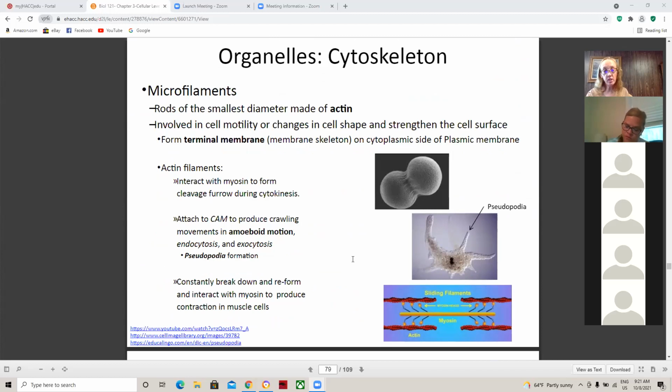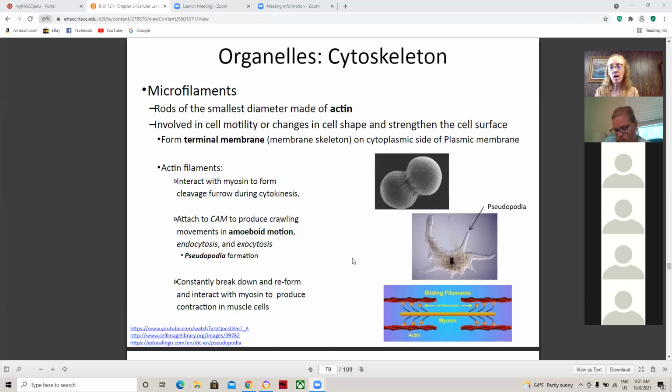The microfilaments are the rods of the smallest diameter of the cytoskeleton. So you remember we had microtubules, microfilaments, and intermediate filaments. Microfilaments have the smallest diameter, and they're made of actin. They're involved in cell motility and changes in cell shape and strengthening the cell surface.